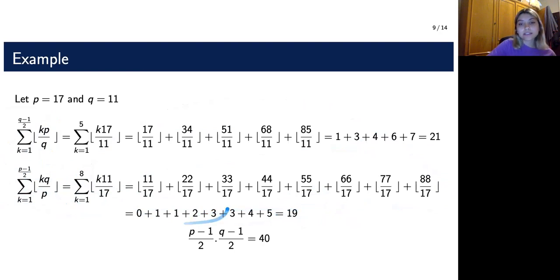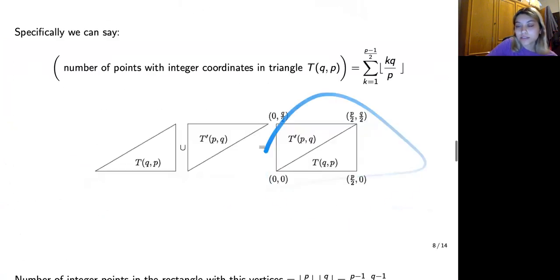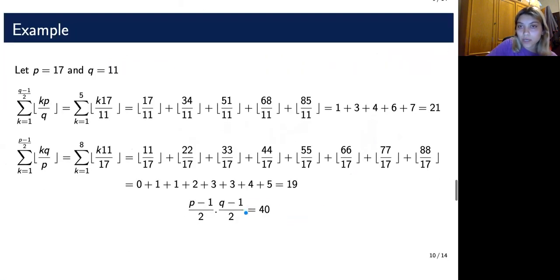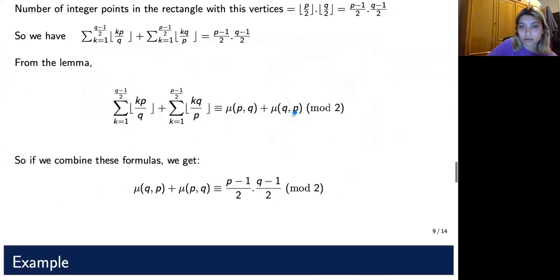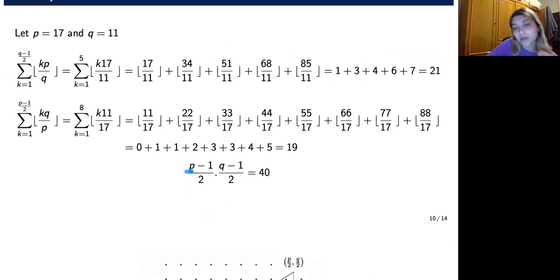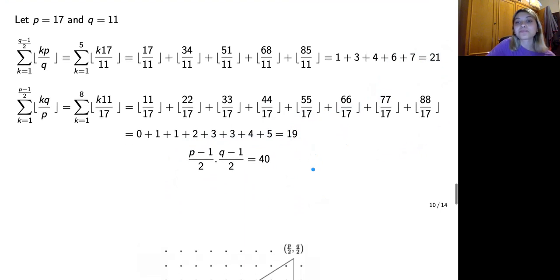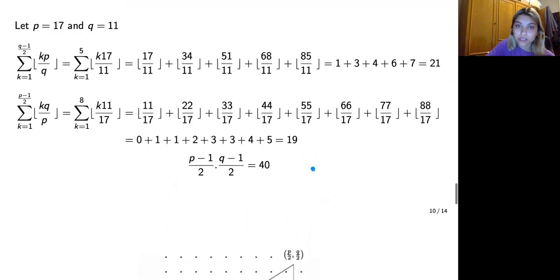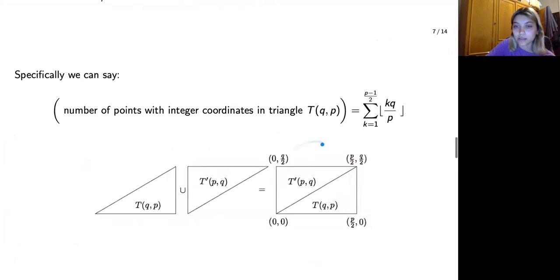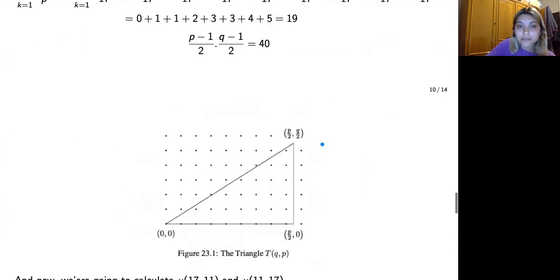And it is the same thing: the rectangle has 40 points, because it's the same formula, P minus 1 over 2 times Q minus 1 over 2. When we take this, we have 40, and when we add these two numbers, we have 40 either. So when we see the rectangle, it's the same result.